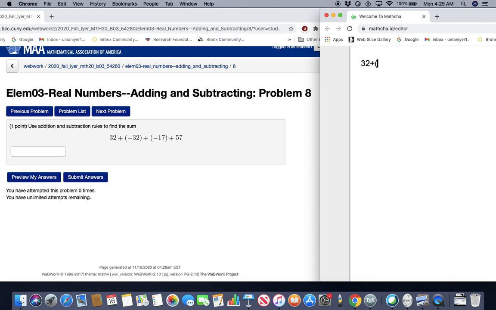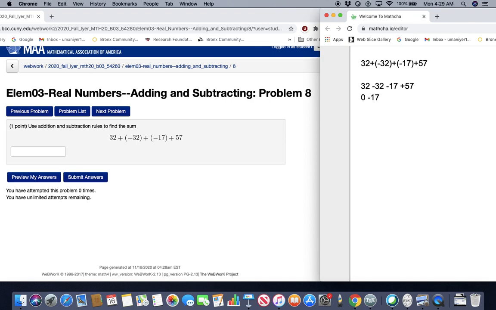32 plus negative 32 plus negative 17 plus 57. Okay, I'll first open all the parentheses. 32 positive followed by a negative, negative 32; positive followed by a negative, negative 17, plus 57. Going from left to right, 32 minus 32, 0.